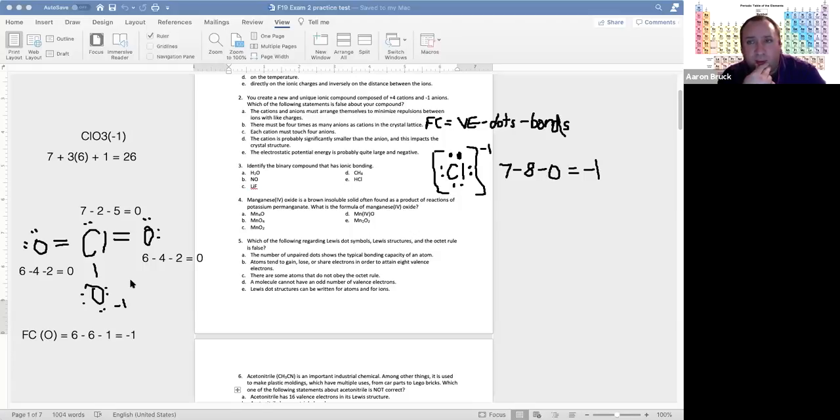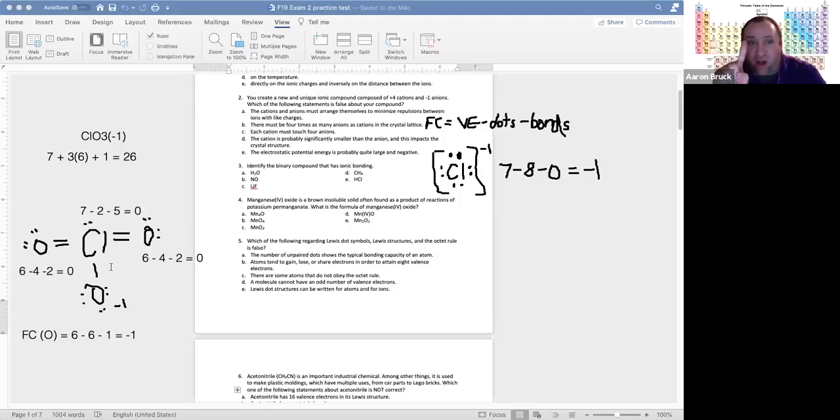For the non-bonding electrons here. But it says out of the central, so it'd just be 1. Yeah, the central atom has 1 set of non-bonding electrons.